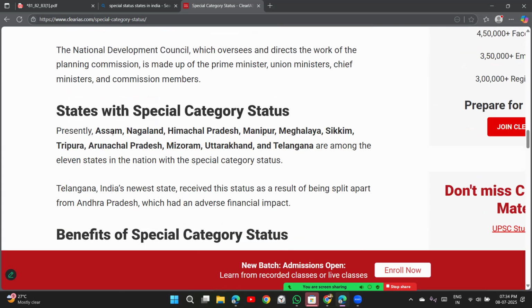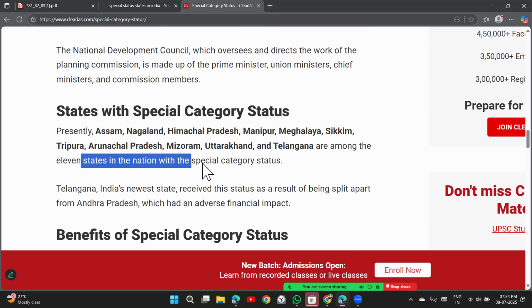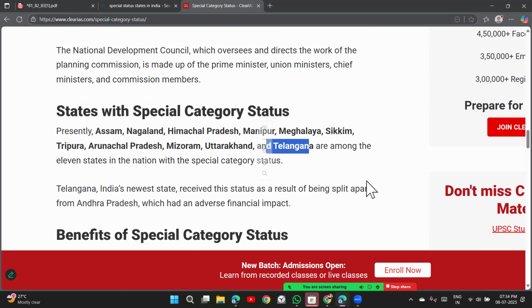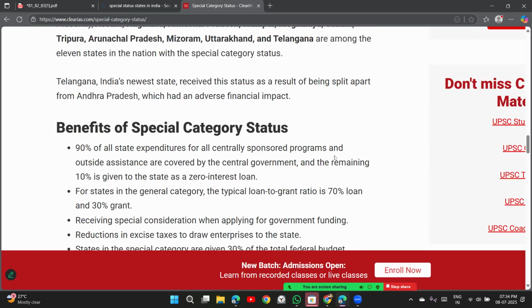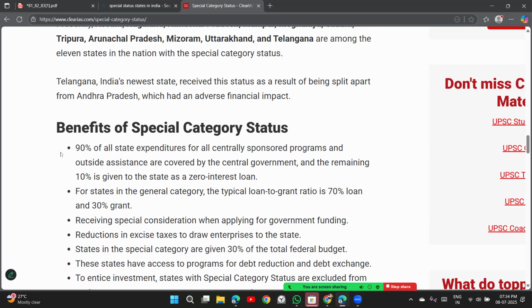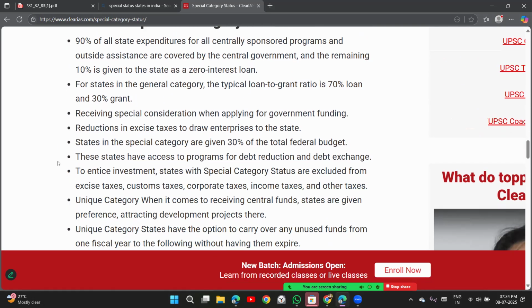So that is why Assam, Nagaland, Himachal Pradesh, Manipur, Meghalaya, Sikkim, Tripura, Arunachal Pradesh, Mizoram are invested with special category status. Telangana is given because it's a new state. So there are certain benefits of having a special category status.